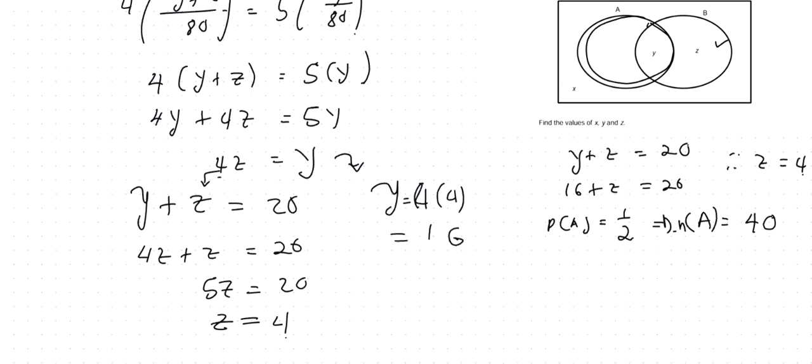We are then told that the probability of A again is 1/2, so that means the sample space is half of 80, that's 40.